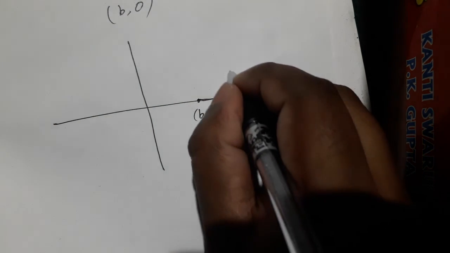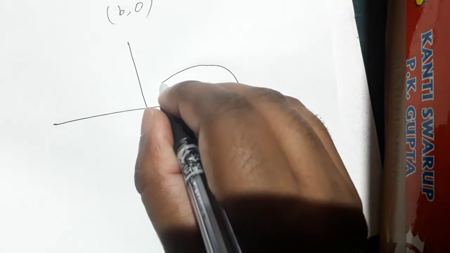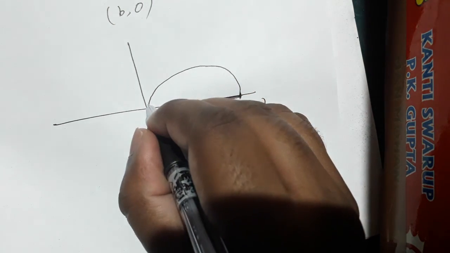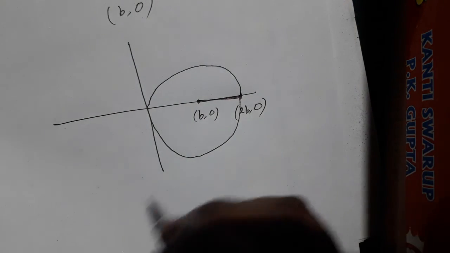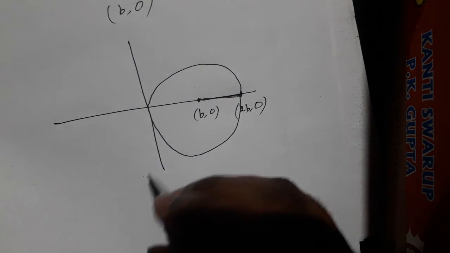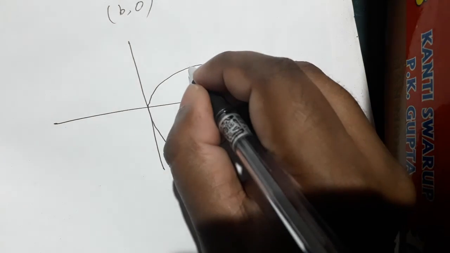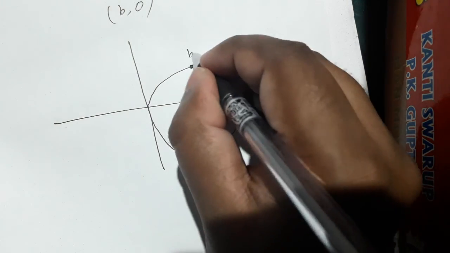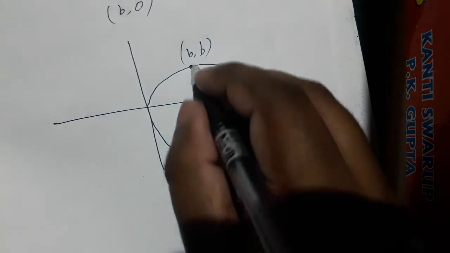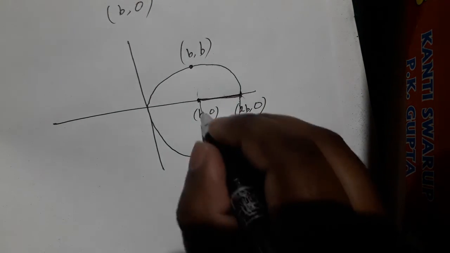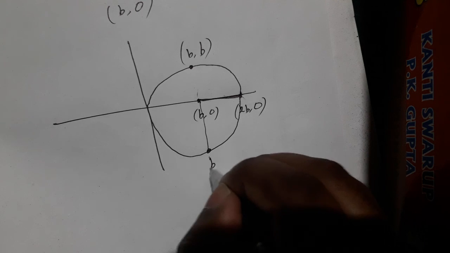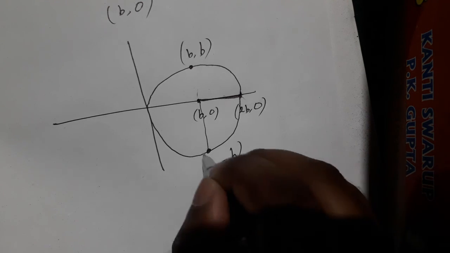We'll try to draw a circle with center at (b, 0) and radius b. So this is your circle, and we have a parabola, and this is your point (b, b), because the radius is b. This other point will be (b, minus b).